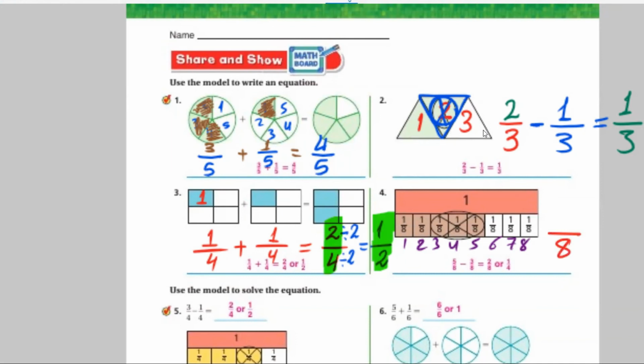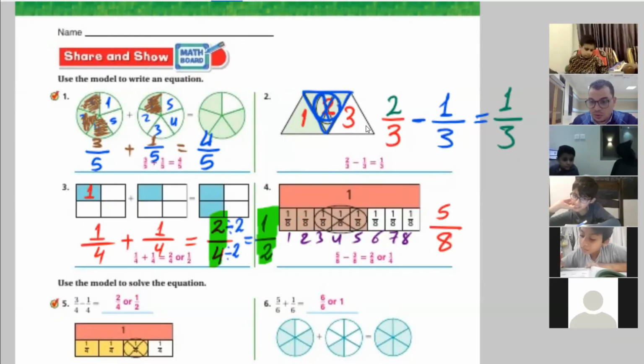How many parts are shaded here? I'm asking how many parts are shaded. 1, 2, 3, 4, 5. 5 shaded parts. Okay, so we're gonna take away because we have this sign. This sign means we're gonna take away.